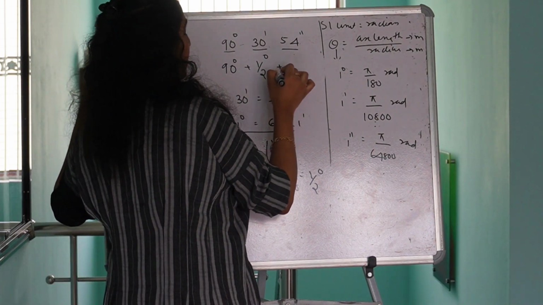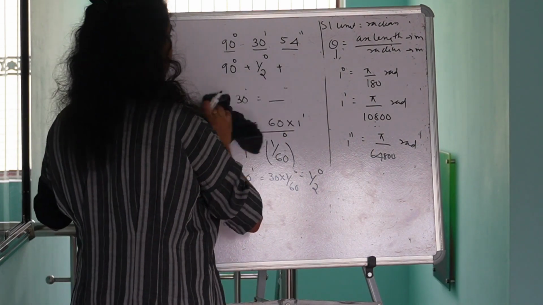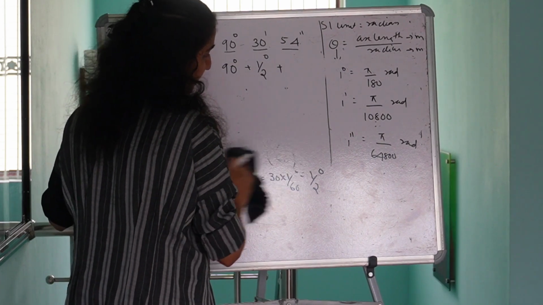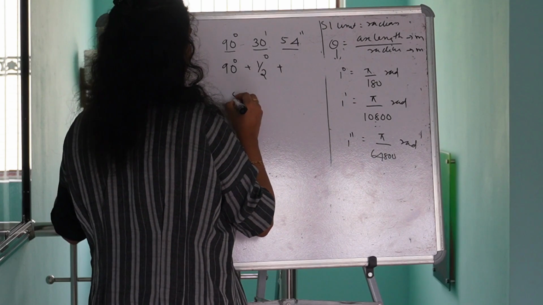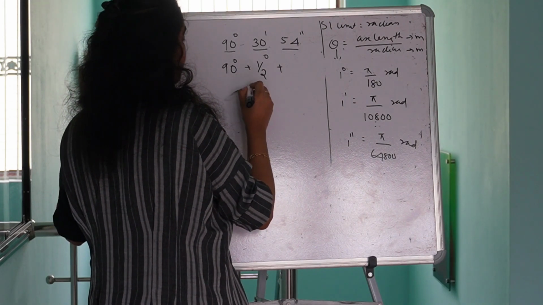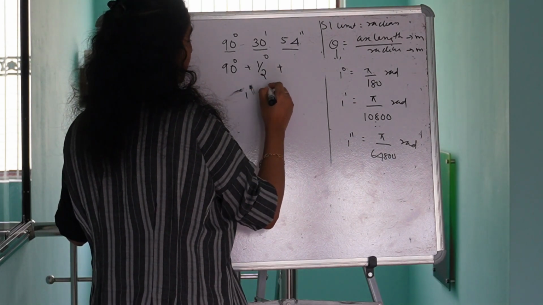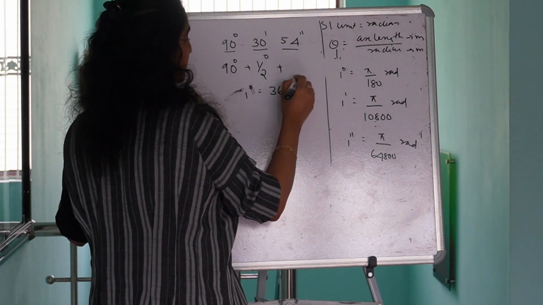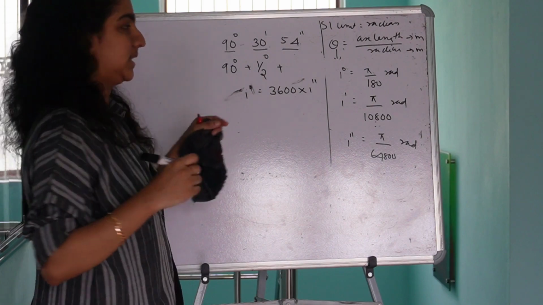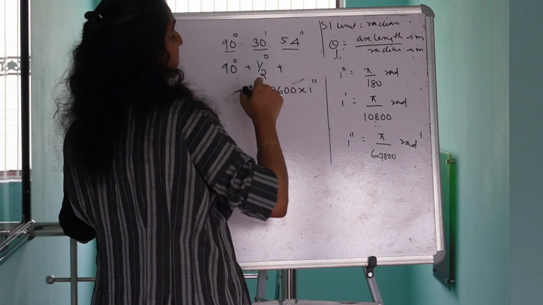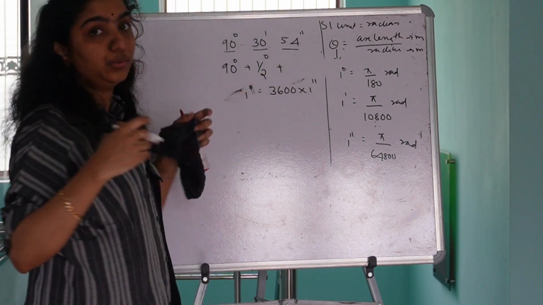Then next I am going to convert 54 seconds into degree. I know 1 degree is equal to 3600 seconds, that is equal to 3600 into 1 second. So here I have to find what 54 seconds is equal to in degrees.